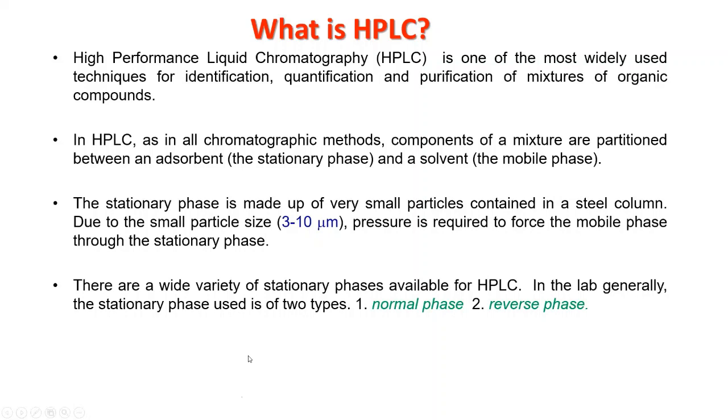And there is a wide variety of stationary phases available for HPLC. In the lab, generally, the stationary phases used are of two types. One is normal phase and another is reverse phase. So based on that, we have two types of column: the normal phase column and the reverse phase column.